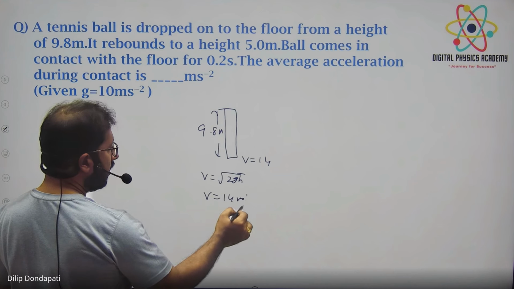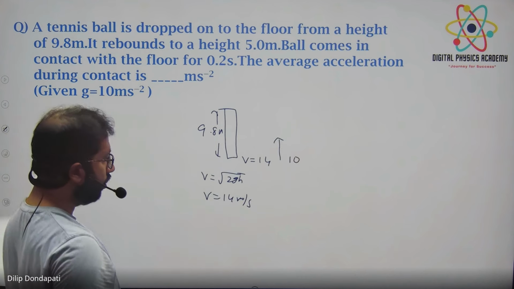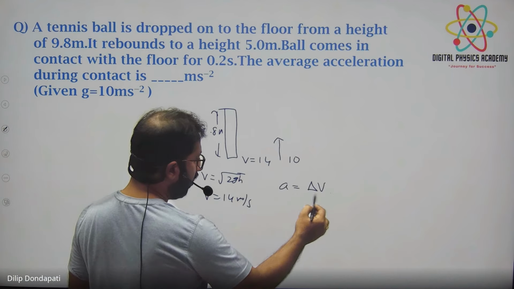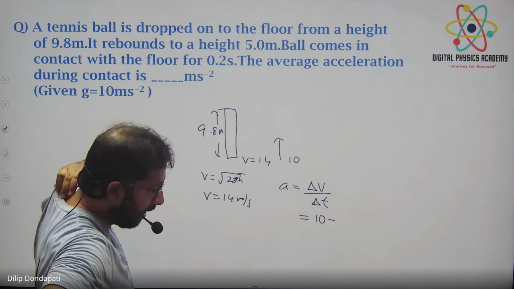हाँ. And second one, when rebounding वाला velocity 10. कितना आएगा? 10. खत्म. Final minus initial करो. So मतलब acceleration formula क्या है? Change in velocity by change in time, right? So the change in velocity is 10 minus minus 14 by 0.2. Now we have to put with sign convention, right?